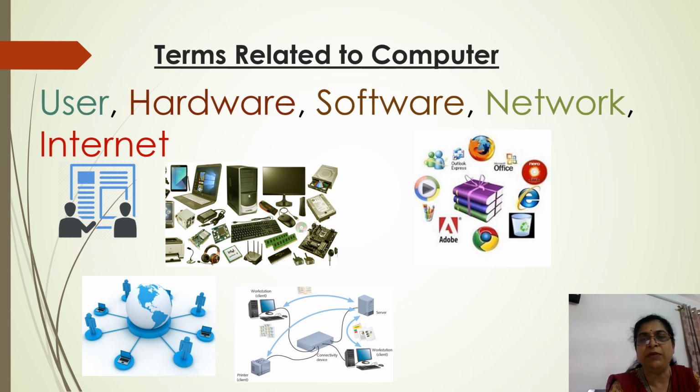Now, after that, we will see what are network and internet. Network means the interlinking of different computers, and on a worldwide scale, all the computers are connected to each other. That is the internet and network.